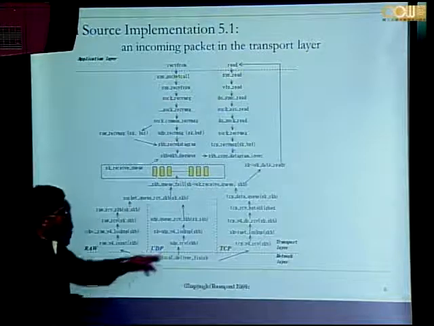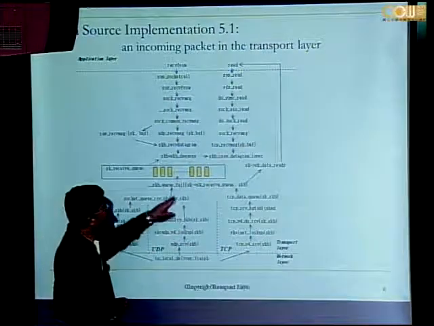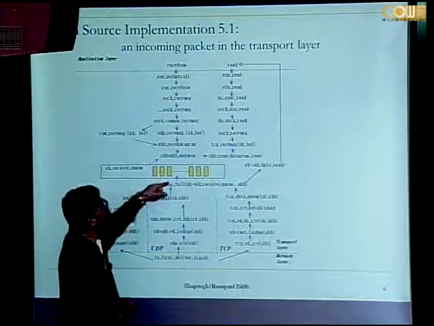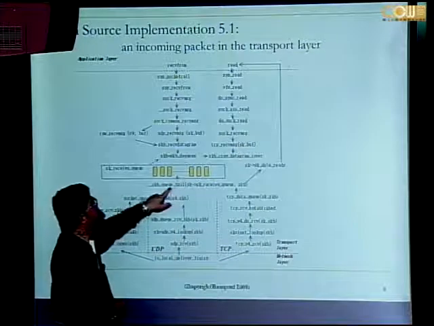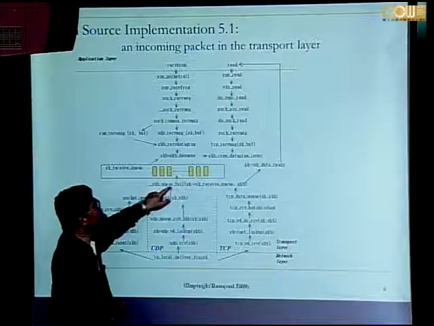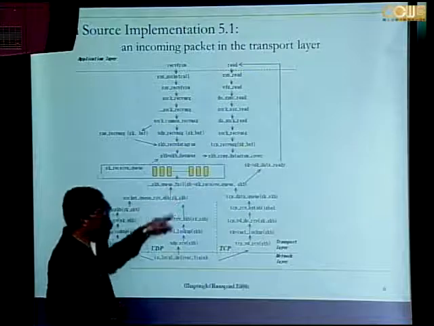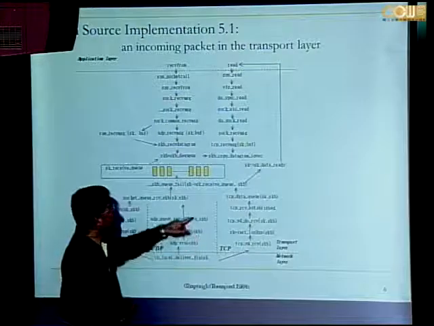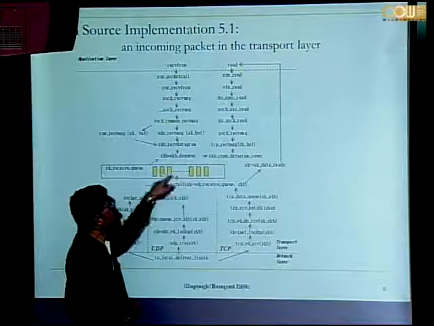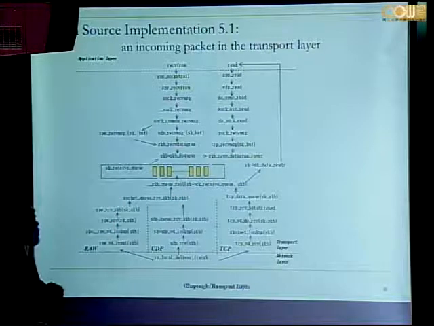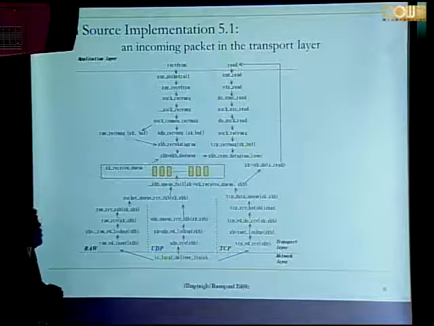And then once you call it, it goes all the way up. It continues to call, and at the end, this function will put the packet in the SK buff. You put the SK buff into a queue, this sk_receive_queue.